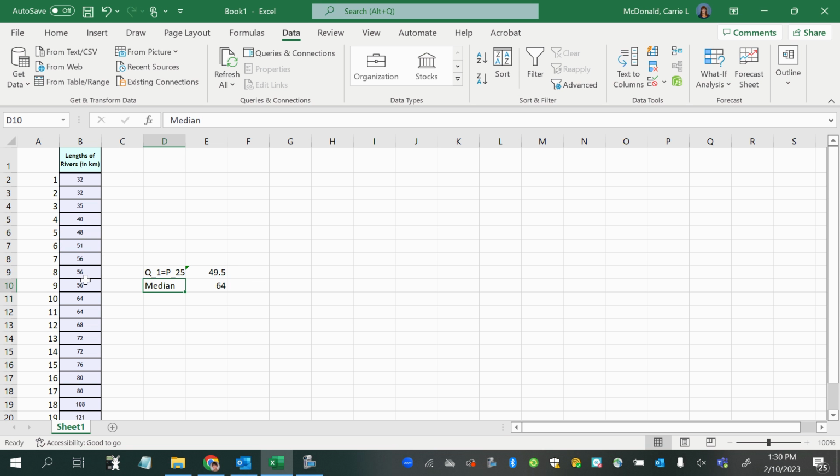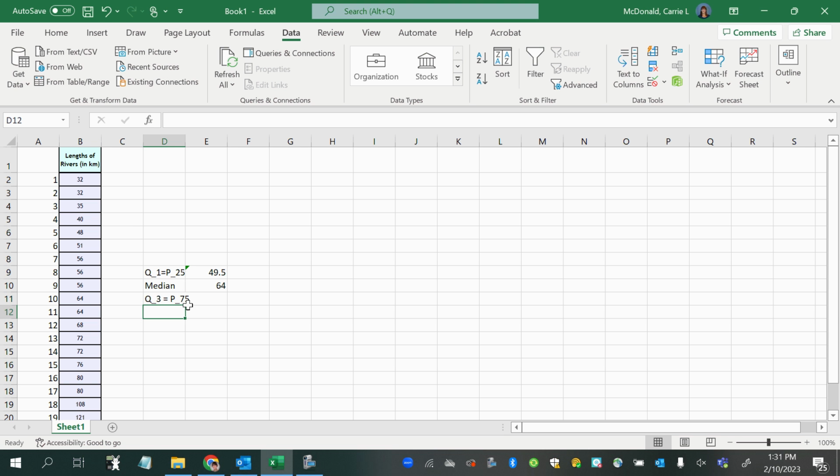And then for the Q3, which is also the 75th percentile, this is all just labeling, by the way. I'm not doing any computation here. I'm just labeling my values. Q sub 3, which is also P sub 75.